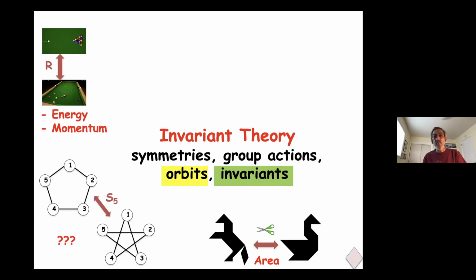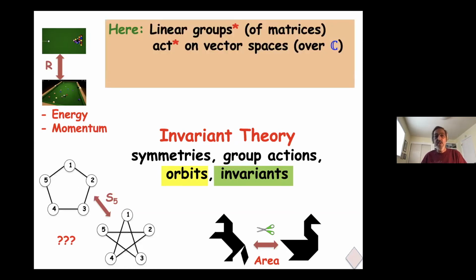For our talk, the type of group actions we will mention are actions of linear groups, let's say of matrices, which act on vector spaces. I'm not mentioning various rational actions. It's not all linear groups and so on.